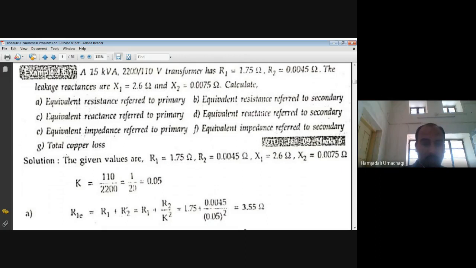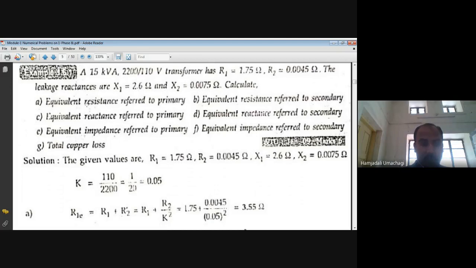Now, first you calculate the equivalent resistance referred to primary. Equivalent resistance referred to primary side means keep primary parameters on the same side, and just shift the secondary parameters to the primary. It means you are moving in the backward direction, so I have to divide things by K square.